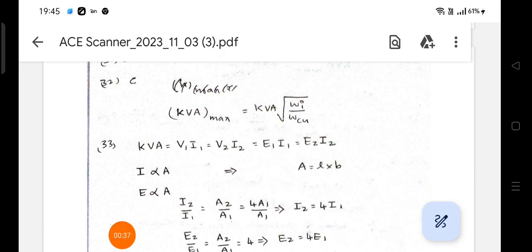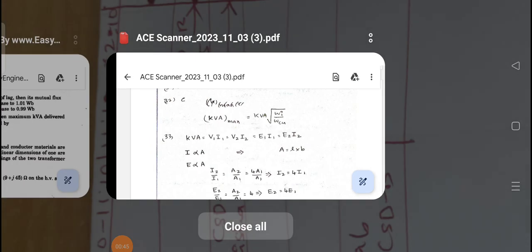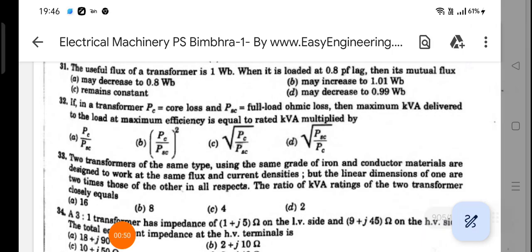Here iron losses is represented by P_I, copper losses by P_SC. That means kVA at maximum efficiency is full load kVA multiplied by the square root of P_I by P_C. From the given options, square root of iron losses by copper losses, the third option, is correct.